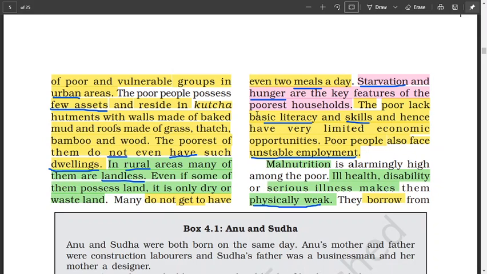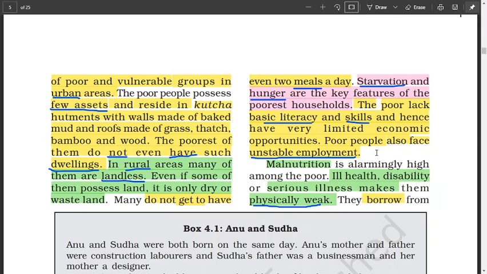And what are the attributes? We talked about that earlier, that we learn about the characteristics or attributes of poverty. You see these lines that I have marked. Starvation and hunger, these are the key attributes, key features of the poorest household. They lack literacy, they lack skill, they can't go to school. That's why they face unstable employment.